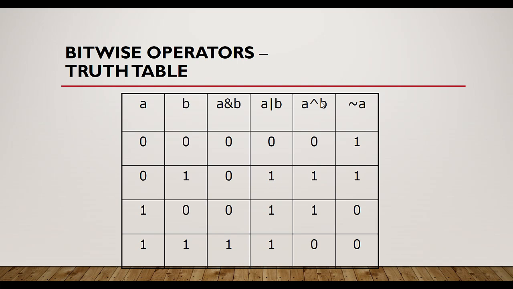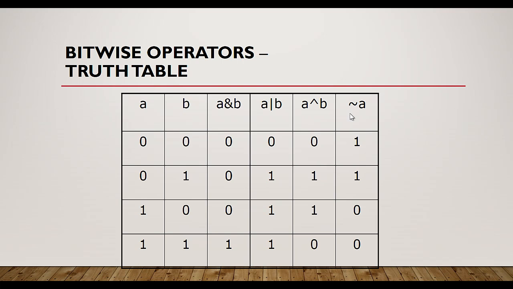Whereas XOR is a little tricky. If both are the same, you'll get a 0. If they are different, you'll get a 1. Imagine a couple: if both have the same characters, you will always have a fight, so it should be a complementary character.